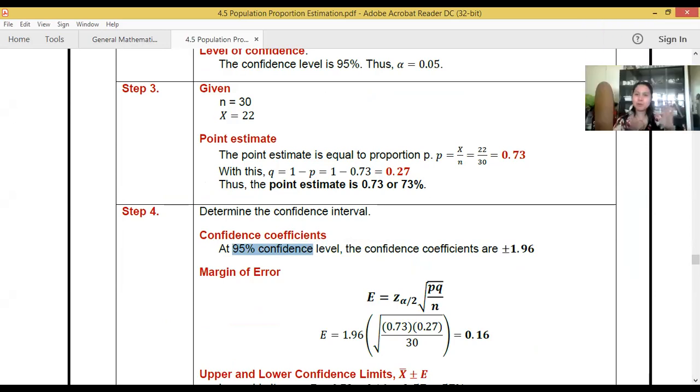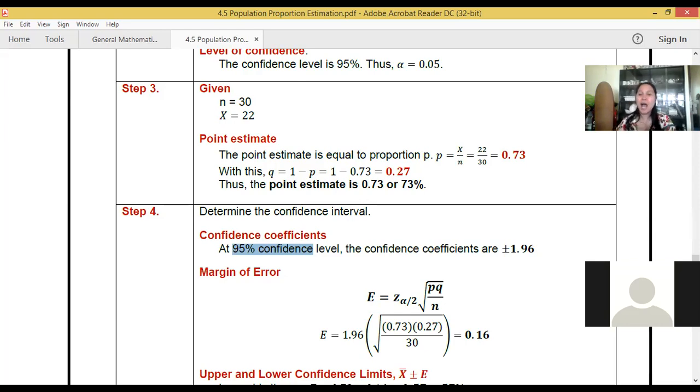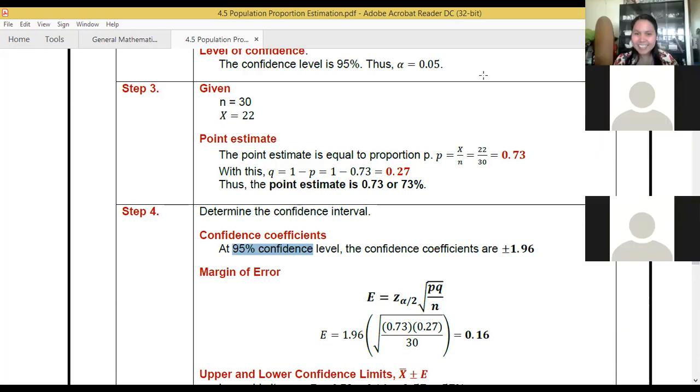Let me give a bonus point. How about for 99%? What's the confidence coefficient? You can unmute your microphone. The first one to answer gets 2.58, ma'am. Very good, Abigail, 2.58. You got 3 bonus points for today. How about for 90%? 1.96. 1.96? Yes, ma'am.